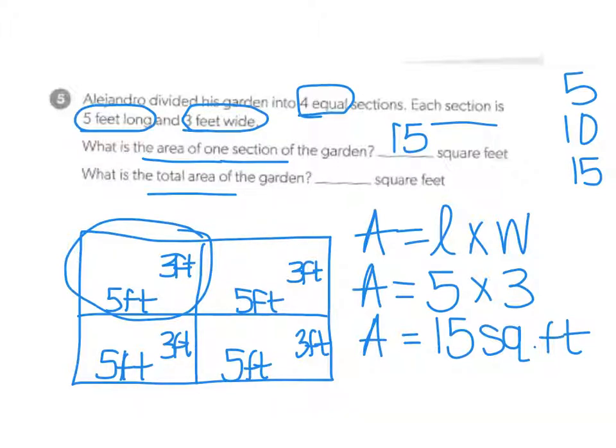Next, they want to know the total area of the garden. So I have 15 square feet, and then 15 square feet, and 15 square feet, and 15 square feet. So I need to add 15 4 times. So let's stack them up.